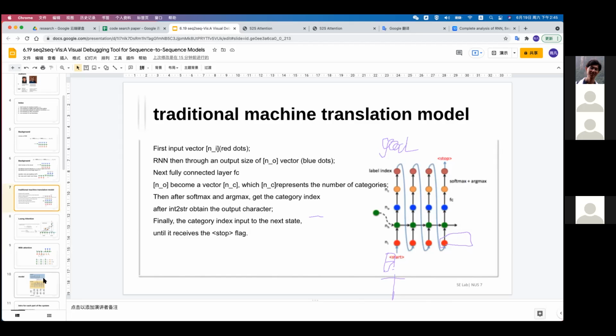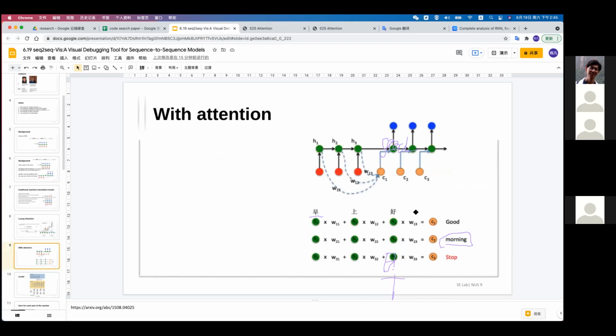So it is much better to use attention to pick the best matching, most similar word in the encoder space. In this case, if you predict morning, this weight will be much higher. That means the model will look much more at the word 早, not at the word 上.